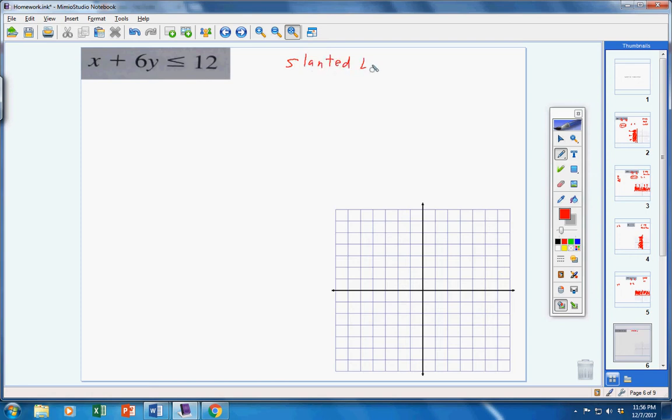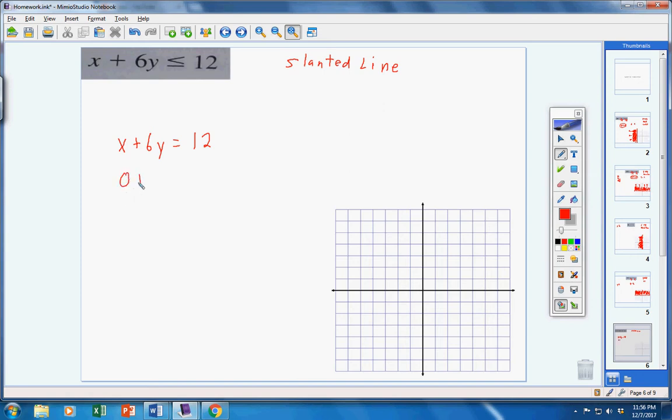It will not be horizontal, it will not be vertical. Now the first thing we do is we pretend we have an equal sign even though we don't. Now for me, because I see an x and a y, I'm going to use the double intercept method.